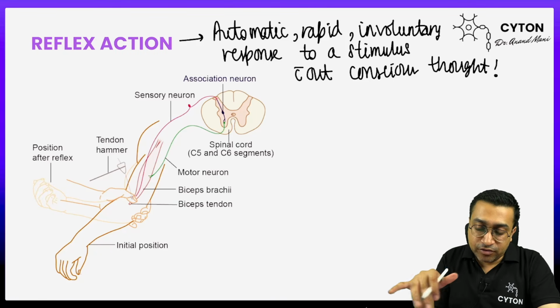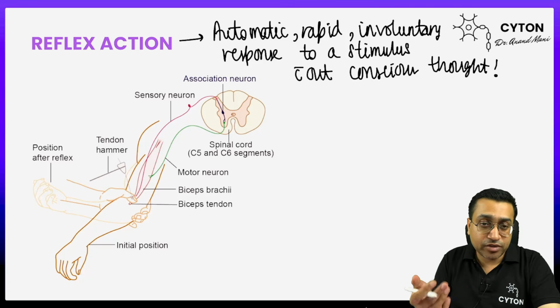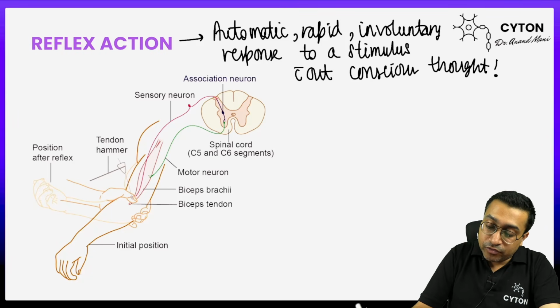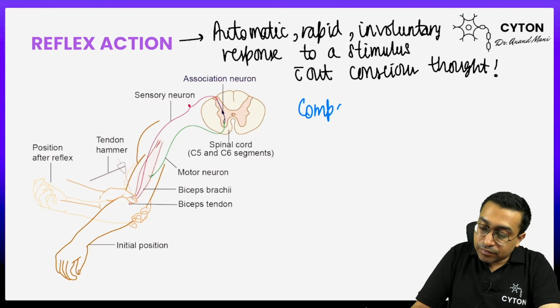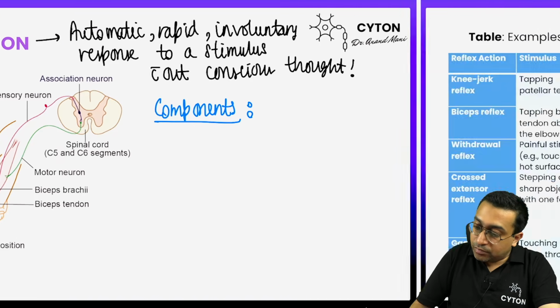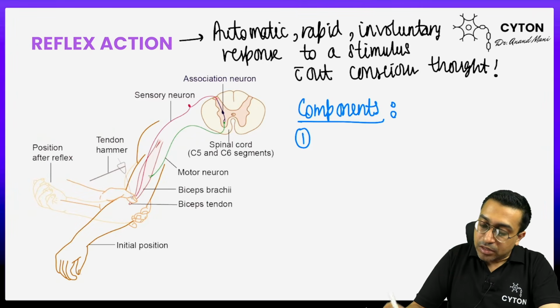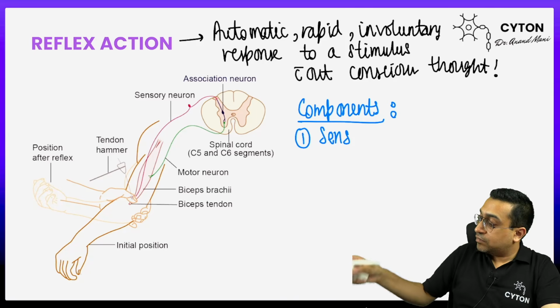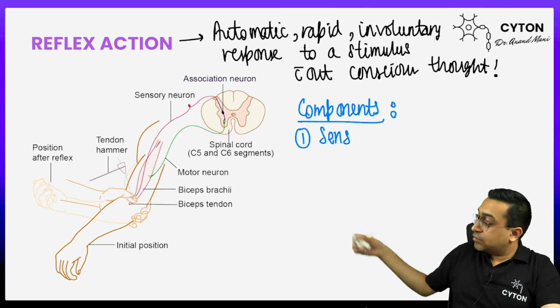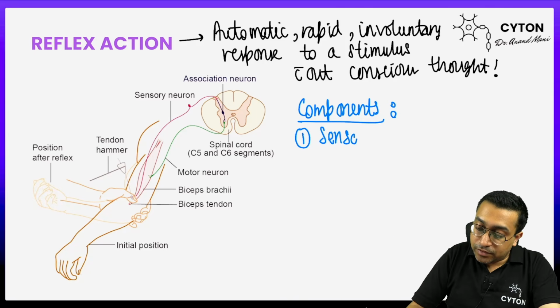So again, in a reflex arc, you have certain components which are very important, and that is what you have to remember. The components. Number one, that is a sensory receptor.